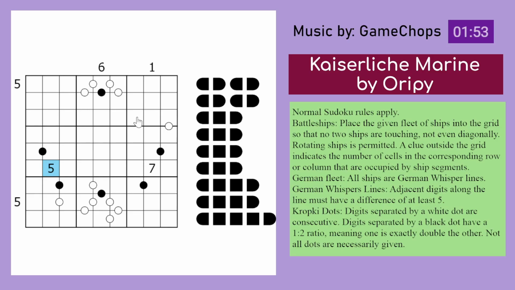Well, I guess we might be able to do things with the 6 though. Although not really. Let's see. There must be some, you know, synergy between this rule set and the Kropki dots.